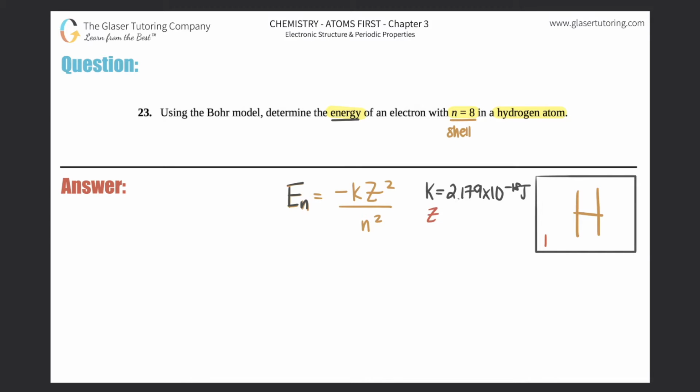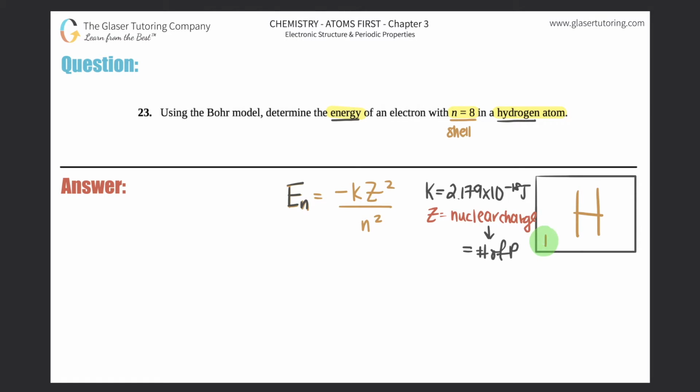The Z is the nuclear charge. Another way of saying the Z number is the charge of the nucleus. Now remember, inside of a nucleus of an atom, it's protons and neutrons. So the nuclear charge will always equal the number of protons, right? Because those are the only ones that are positive. So how many protons does a hydrogen atom have? Well, it always equals the atomic number.